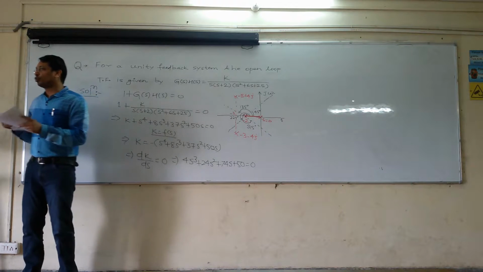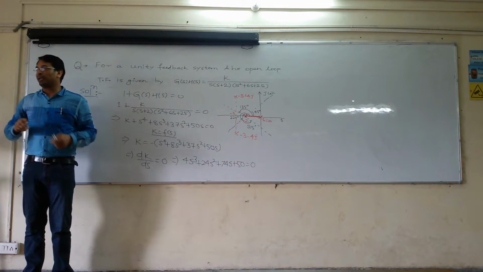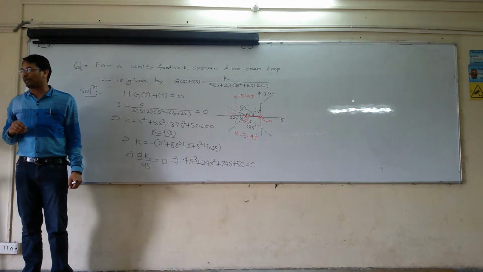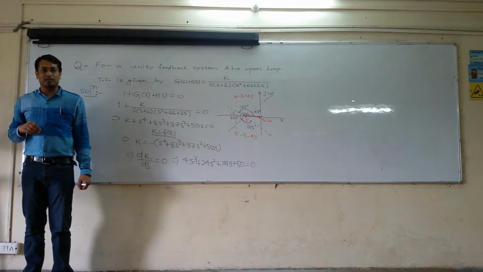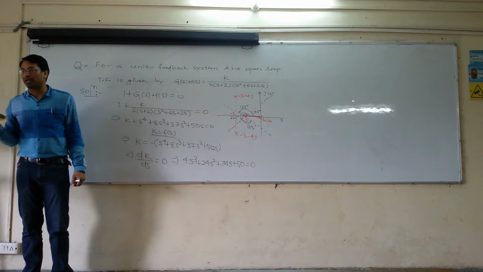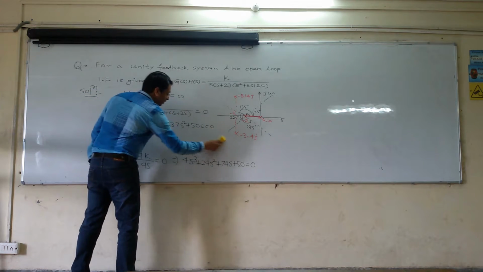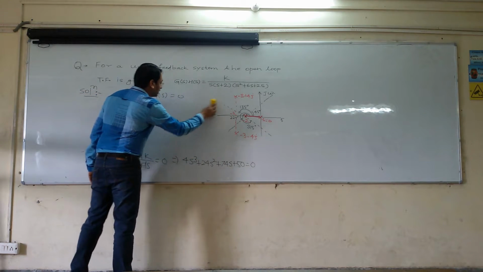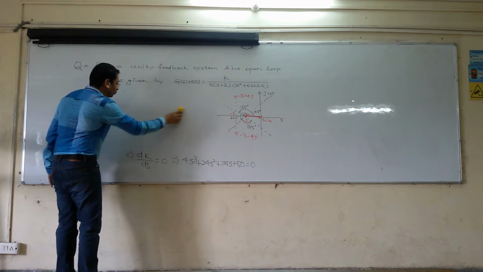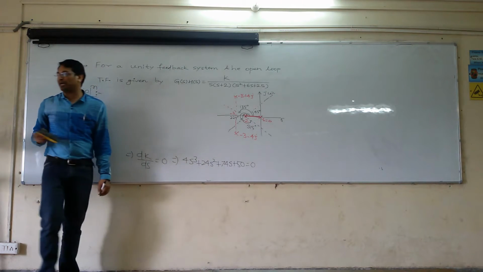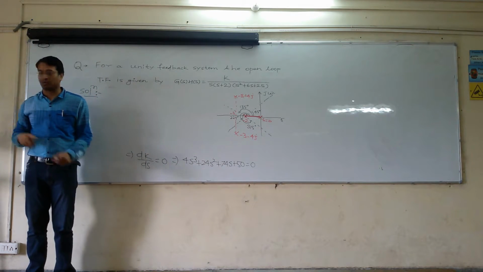Since this is a cubic equation, you will get three values of s. Please provide me those values of s, meaning those values of s which have the potential to become breakaway points for this direct root locus.